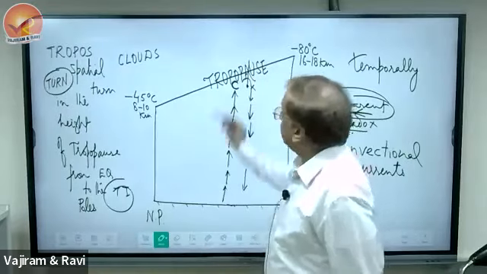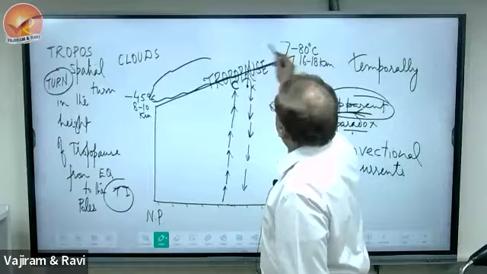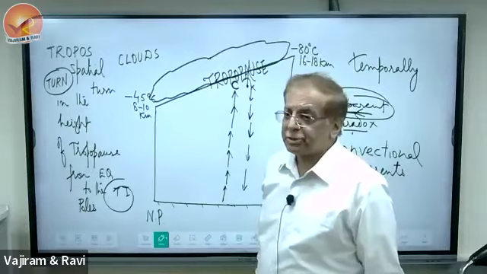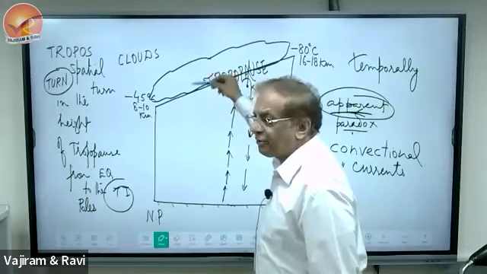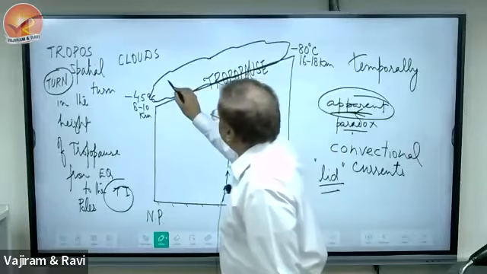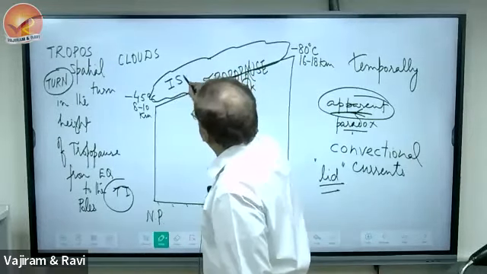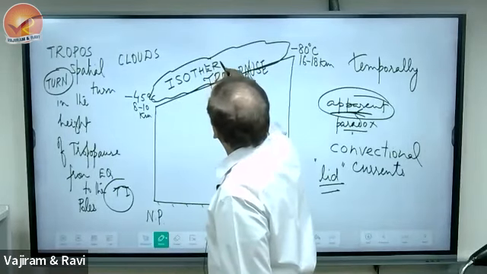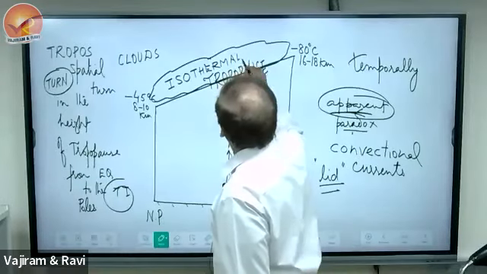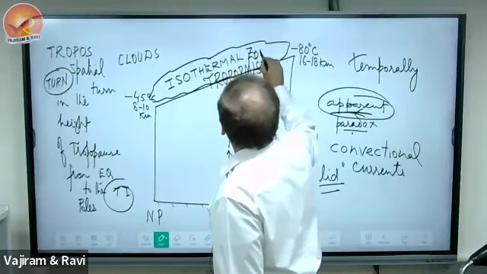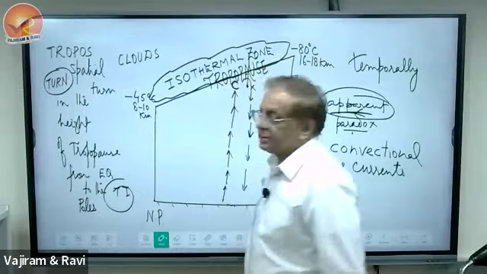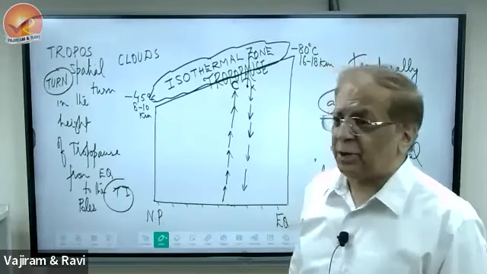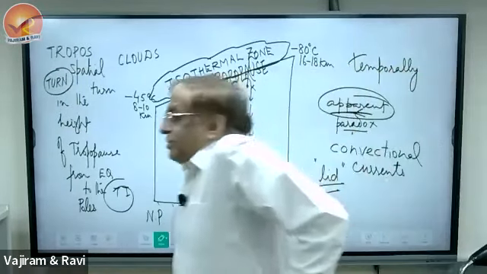It is the lower part of the stratosphere, just above the tropopause. So mark a few kilometers, 4 or 5 kilometers here, and mark here isothermal zone. The lower part of the stratosphere, just above the tropopause, generally has isothermal conditions.